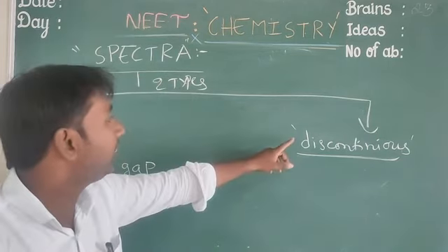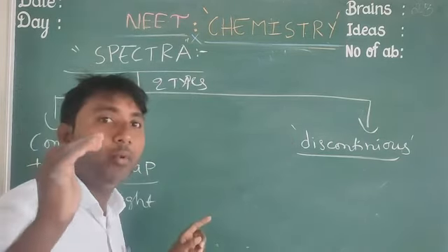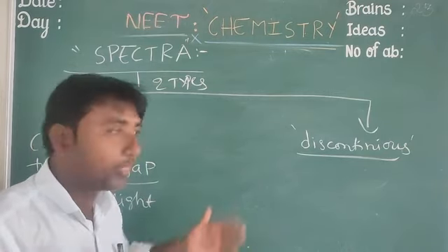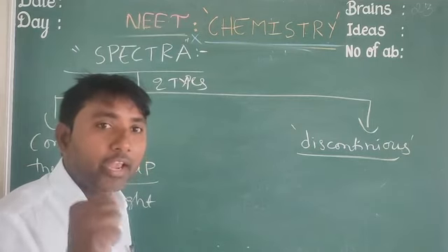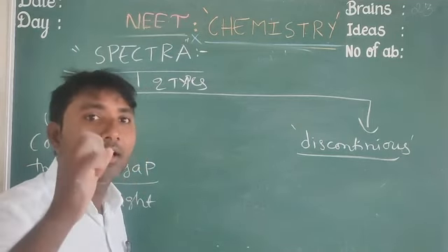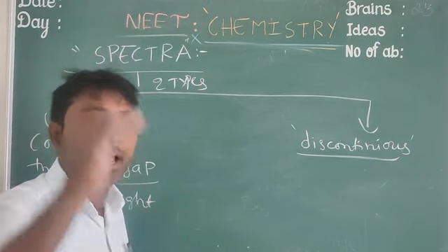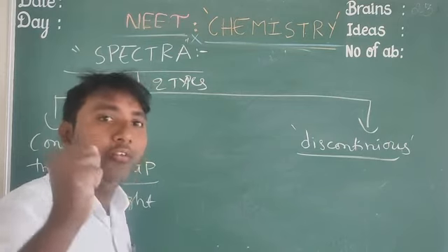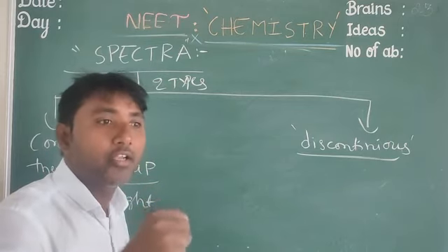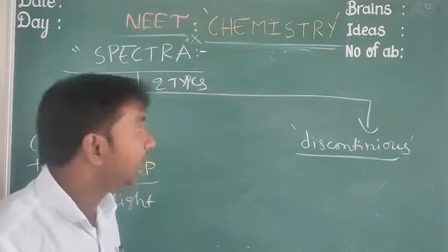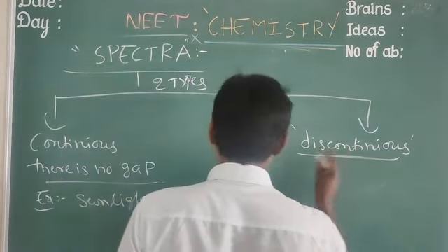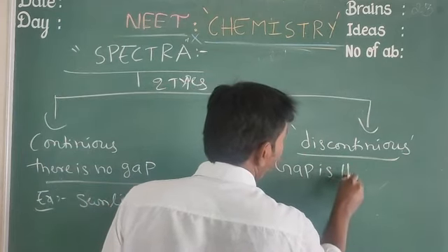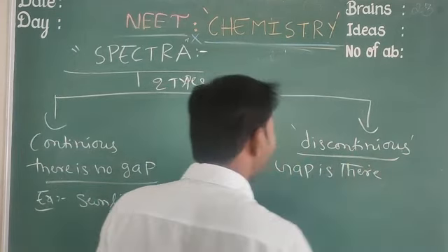So discontinuous spectrum means when one color combines with another color, there is a gap. In this spectrum, we can easily identify one color from another. After merging also, we can easily identify one color from another. That is discontinuous spectrum. So a gap is there. That's why we can easily identify.